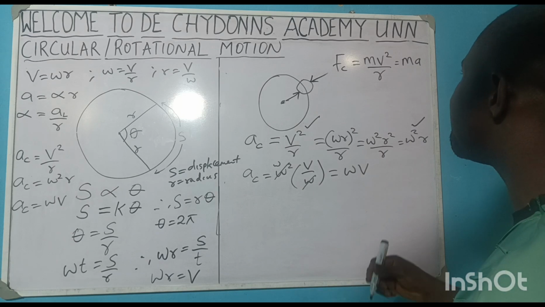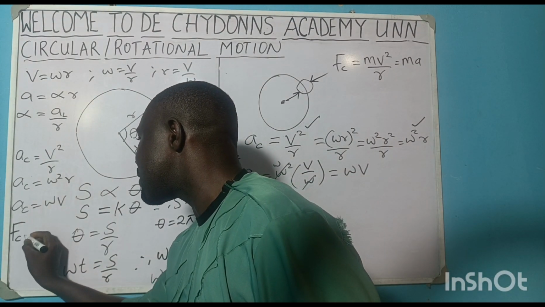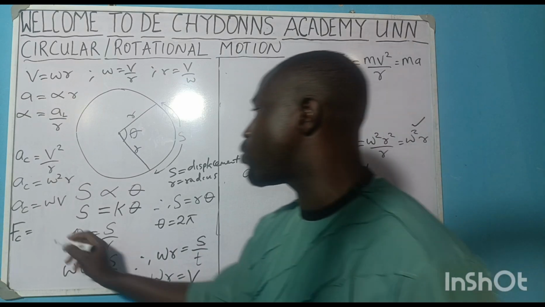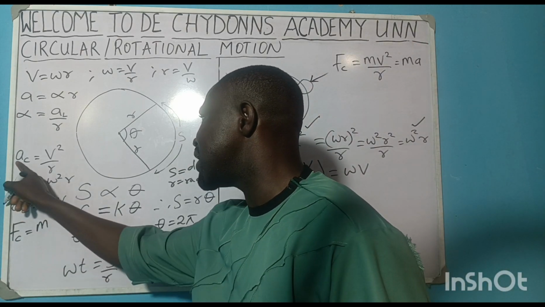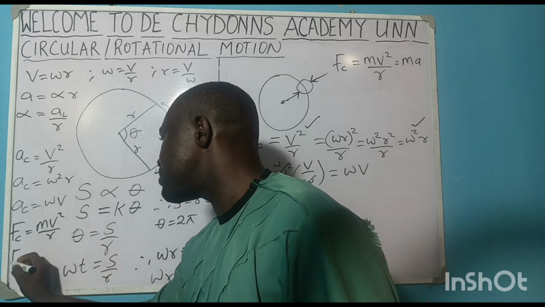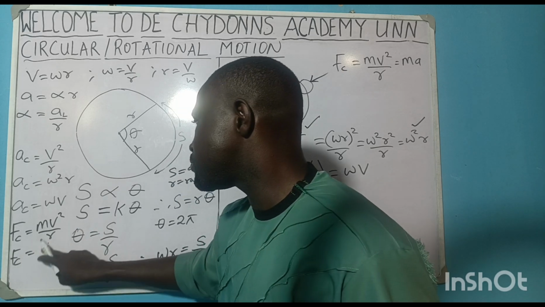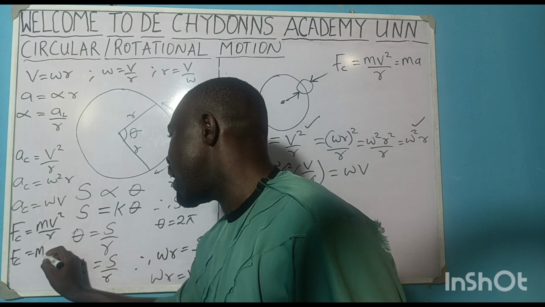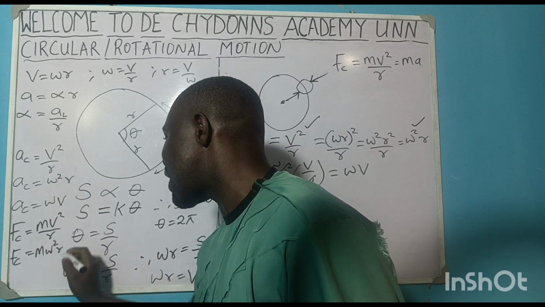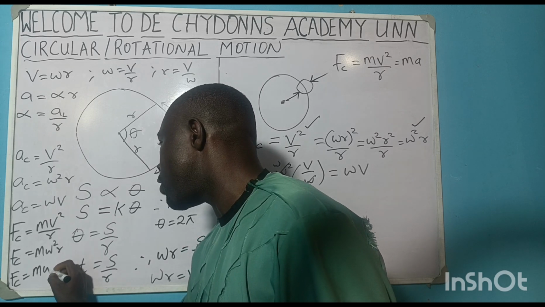Now for centripetal force, since force is m times a, centripetal force will be equal to m times ac, which is mv squared over r. Centripetal force equals m w squared r. Centripetal force equals m w v.